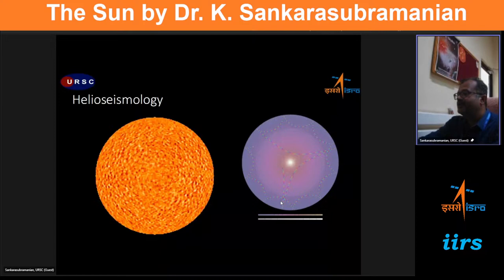And there are g modes, as we call them, which can go very close to the core of the sun, which are being attempted to be studied with many of these instruments to see the internal details of the sun, which is still yet to be done in much detail, like what we do with convective layer helioseismology.